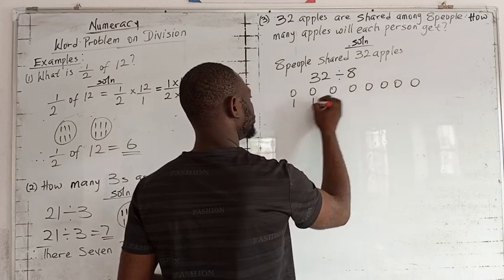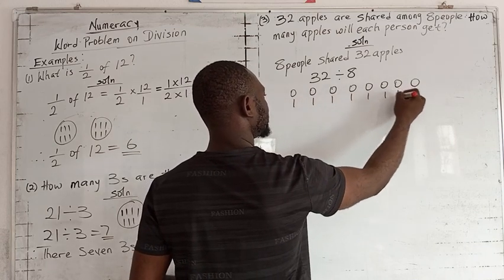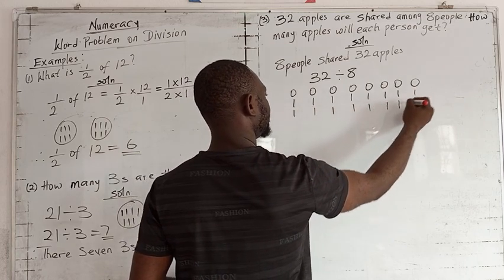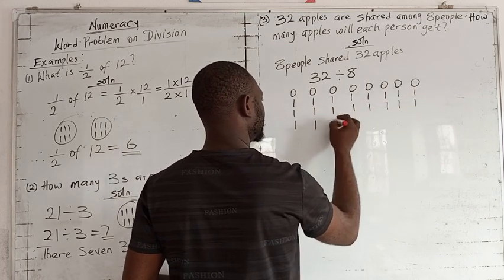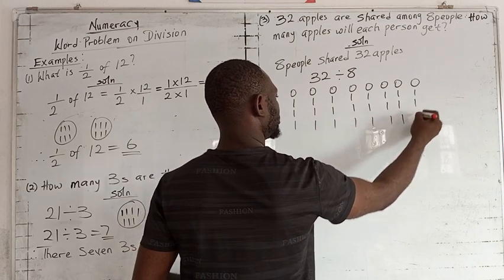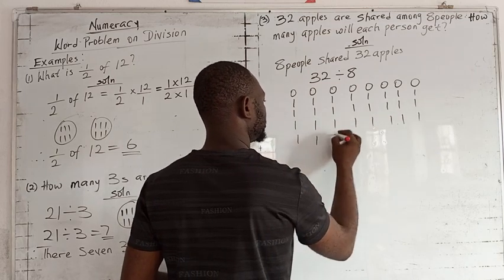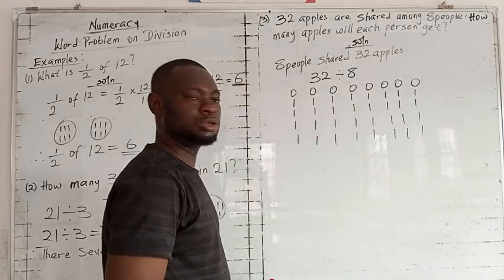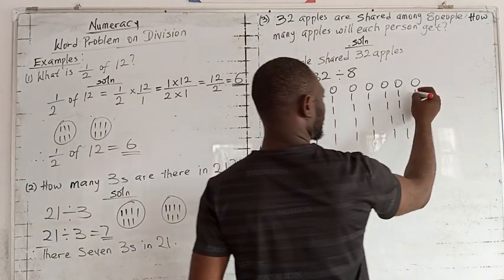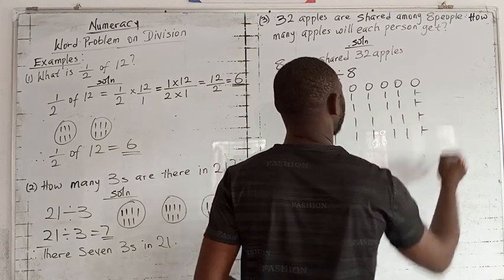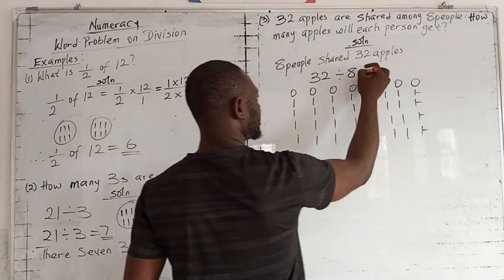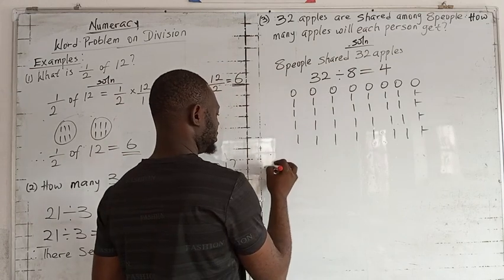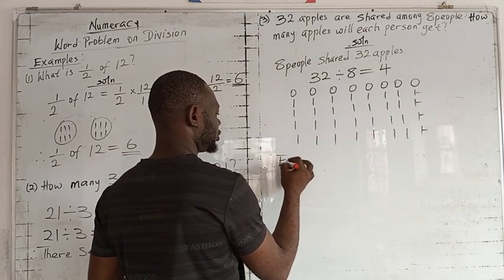Let's go: 1, 2, 3, up to 32. So how many did each person get? 1, 2, 3, 4. Meaning that 32 divided by 8 is 4.